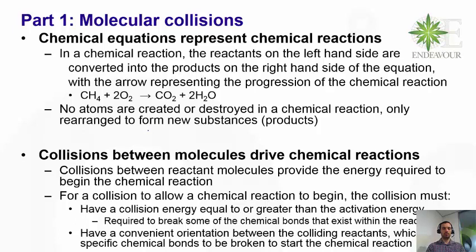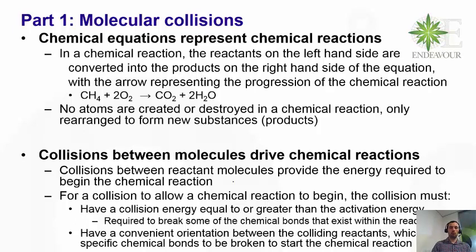which are the products. So it is the collisions between different molecules or atoms that are the reactants that drive the chemical reactions. So we had a look at some of the aspects of these collisions that are going to dictate whether or not the chemical reaction takes place. So essentially it's the collision between the reactant molecules that provides the energy needed to start the chemical reaction.